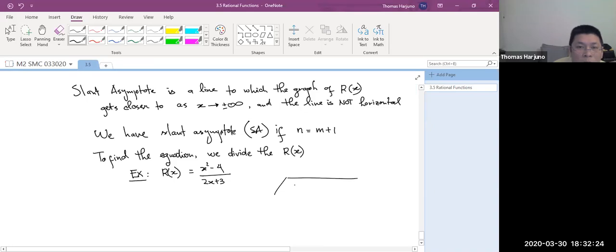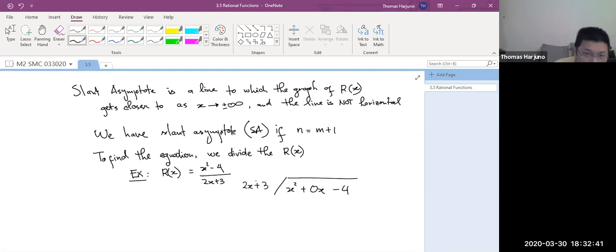So x squared plus 0x minus 4 divided by 2x plus 3. Remember, last week I told you to know how to do long division. This is where it comes into play. Now 2x times what gives us x squared?